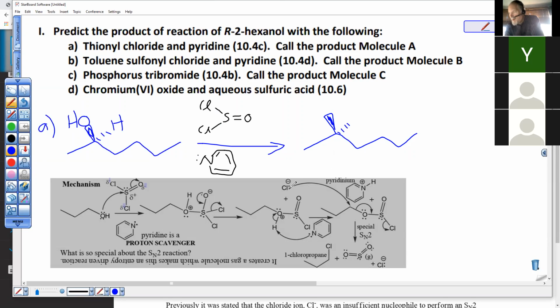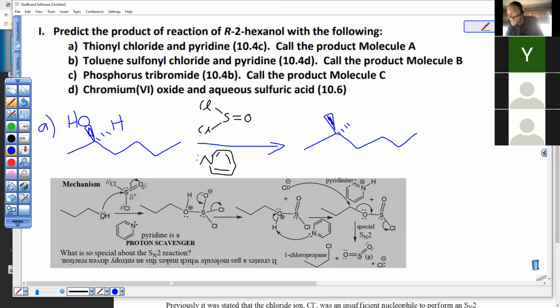We have to remember our old, what do you call this, when you hit a carbon and something leaves? We had a name for that, didn't we? Anybody? Hit a carbon from 180 degrees from the thing that's leaving, and the leaving group leaves. What do we call that general process? Backside attack. Ah, that's what I wanted to hear.